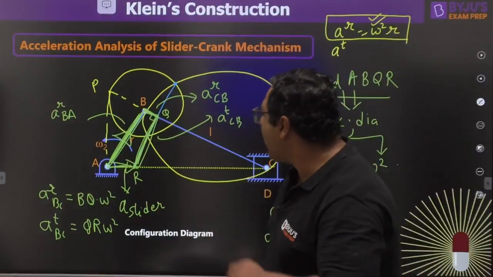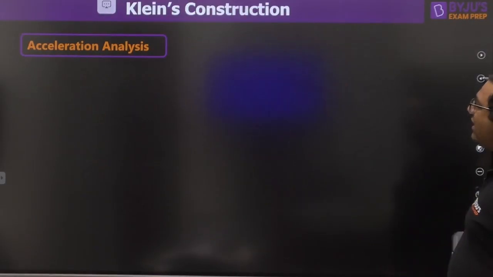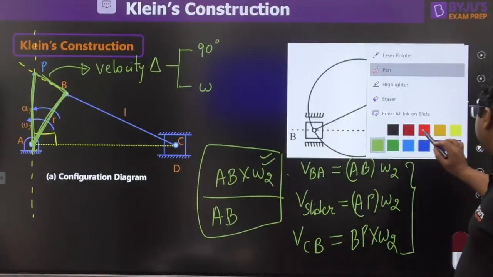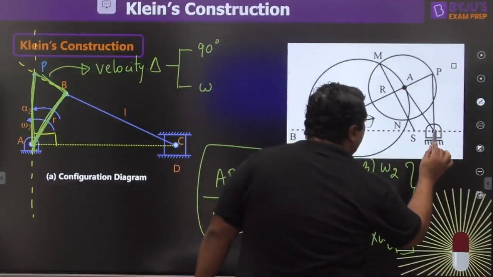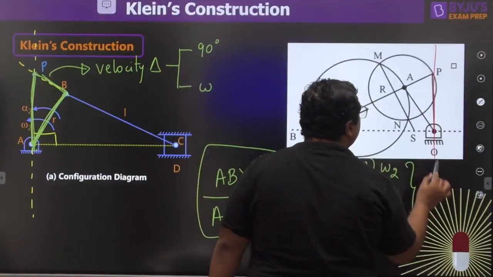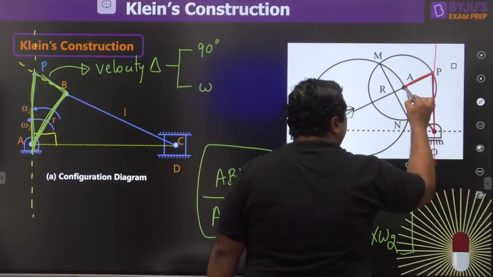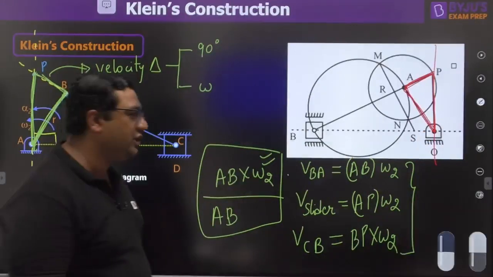So my dear, if I show you both the diagrams together in one slide, this is that slide. You can see how you made the velocity diagram. You plotted a perpendicular here and extended the connecting rod. This gives you the velocity diagram, and the velocity diagram helps us make the acceleration diagram.